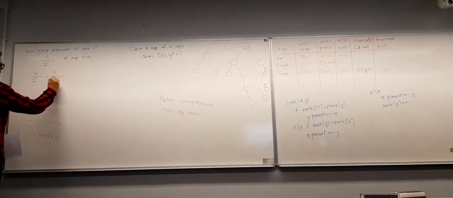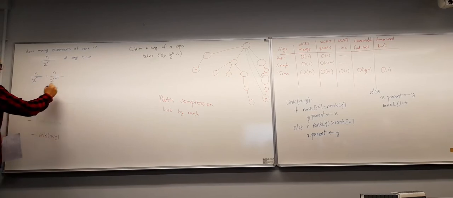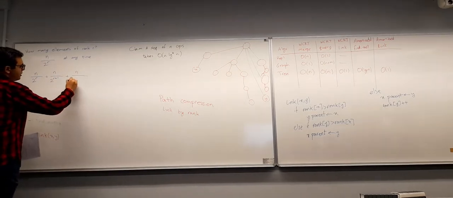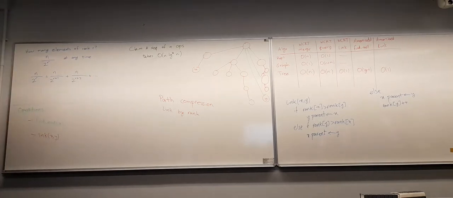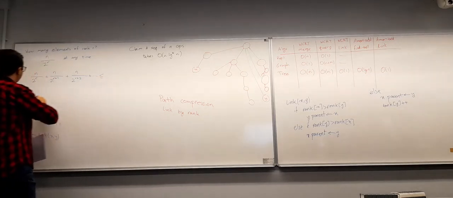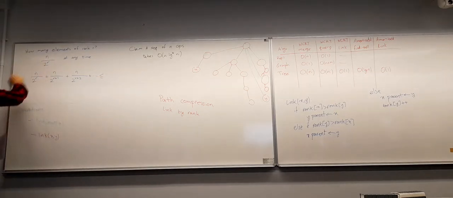And so I can write this for rank R plus 1. I can also write it for rank R plus 2, and so on. Right? And we will see this sum over and over again. It's just something, and then that thing divided by 2, the same thing divided by 4, and so on. So this is at most twice the original value.